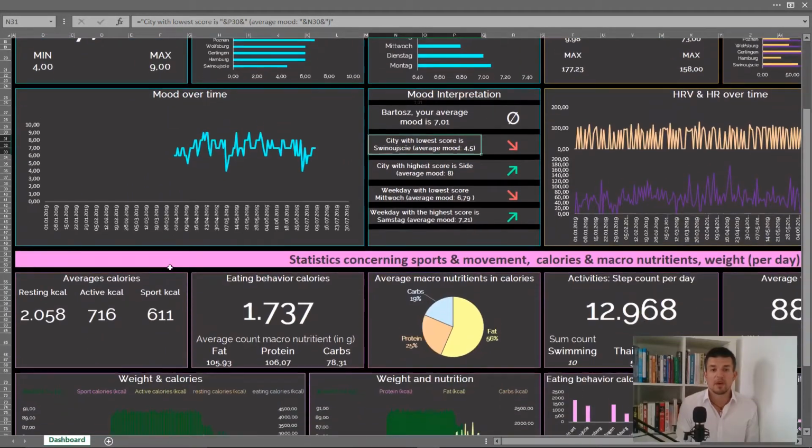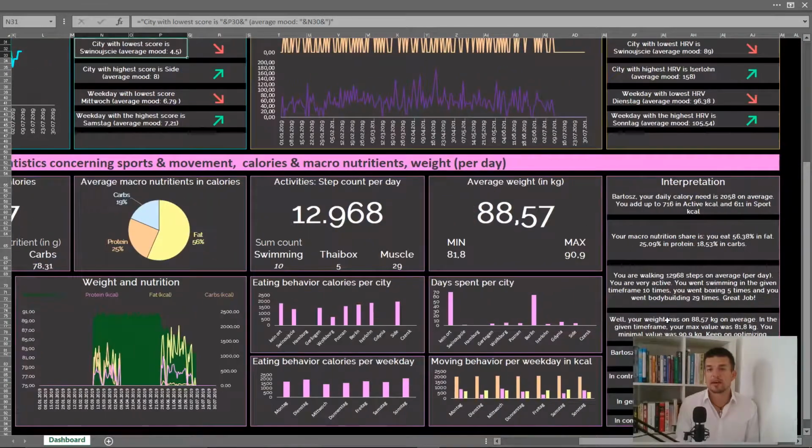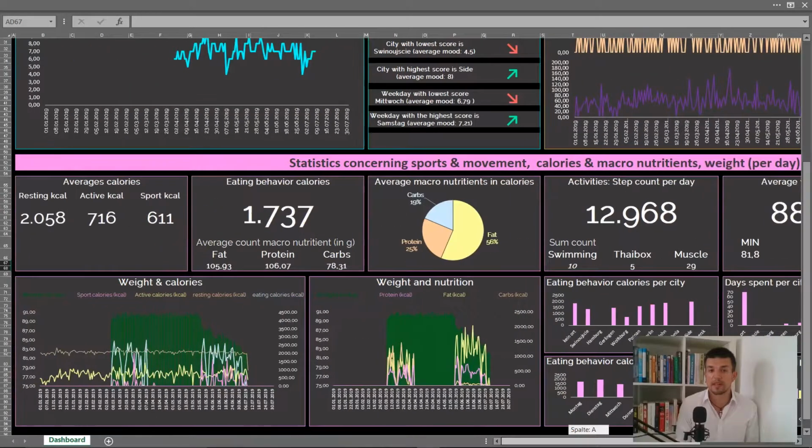And the same with the calories and nutrition and sport behaviors, etc. So what are my average calories, what is my eating behavior, what is my share when it comes to fat, protein, and carbs, how many steps do I make, what is my average weight in the given time frame, what is the min, what is the max value, as well as how did my weight develop compared to my calories or compared to my fat consumption.